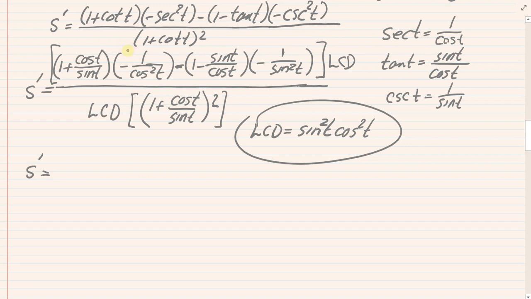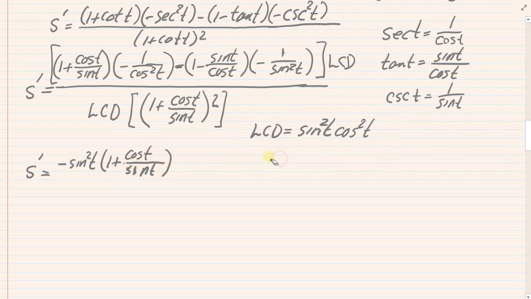The first distribution is going to give me negative sine squared t, because cosine squared t is going to cancel, times 1 plus cosine t over sine t. Okay, that's the first part.